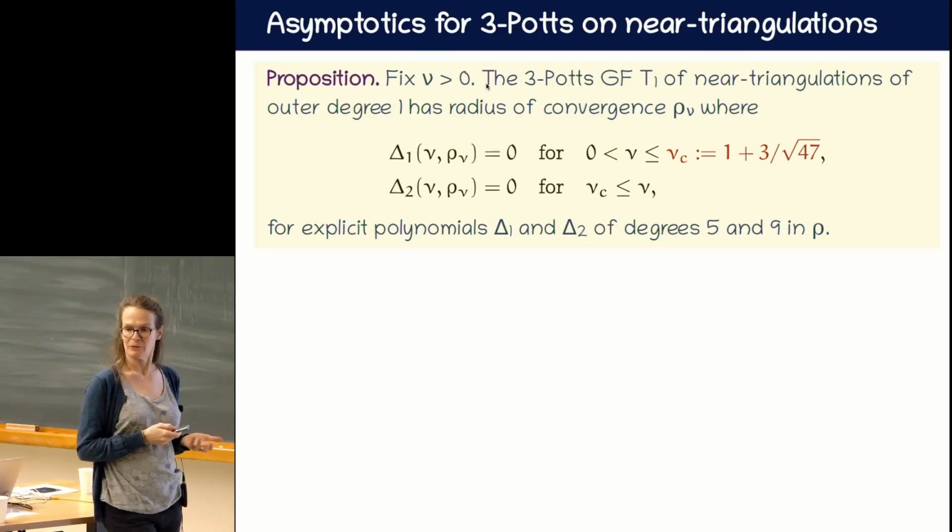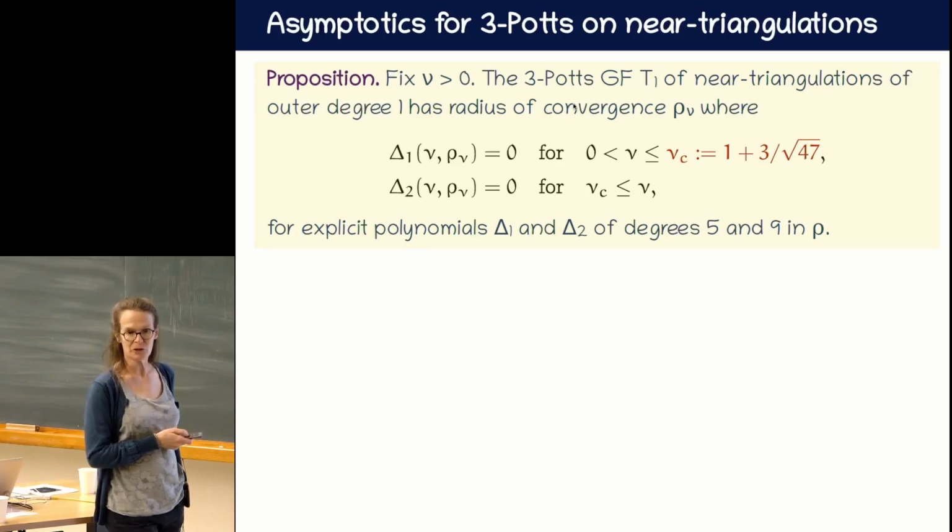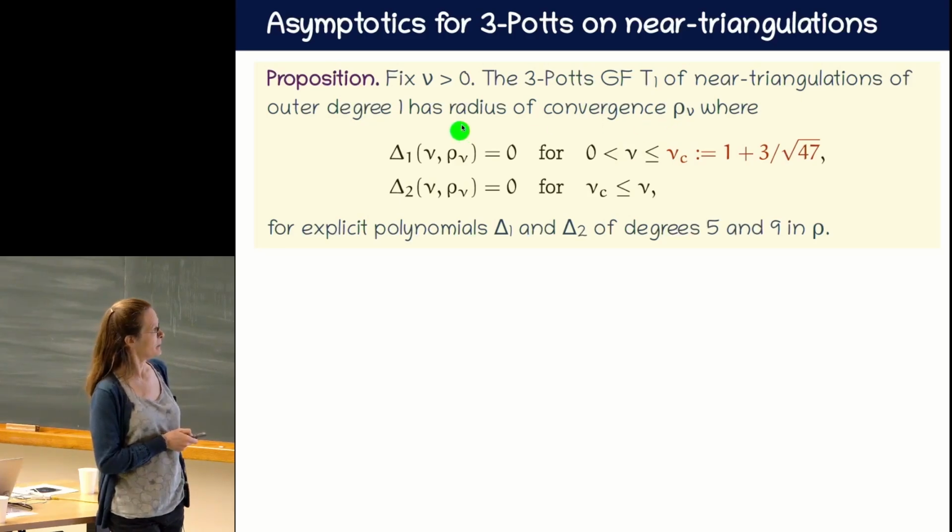So now I have a formal power series in t, depending on this parameter. And I can look at its radius of convergence and look for phase transitions. And so this radius, rho nu, happens to be an algebraic function of nu of degree 5 before the critical point, which is this value, and degree 9 afterwards.